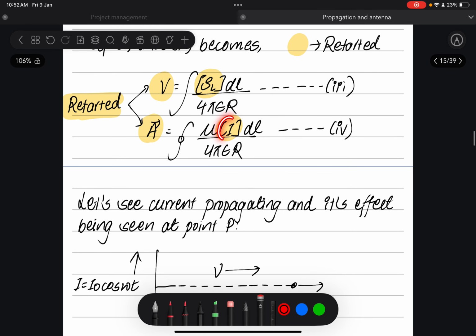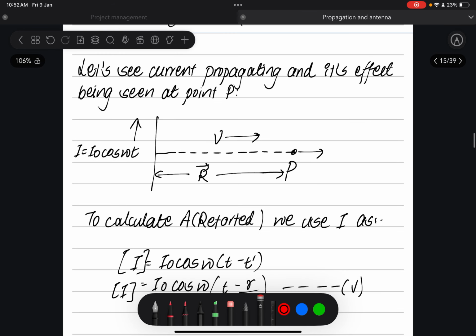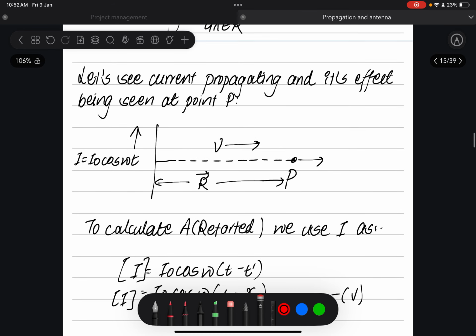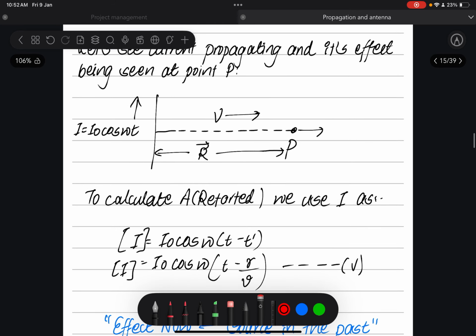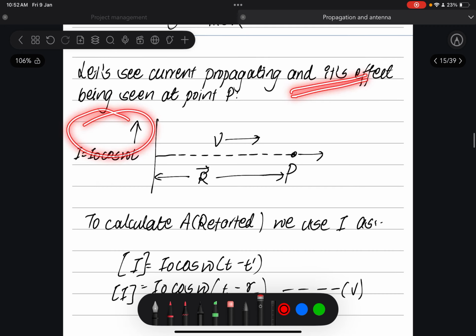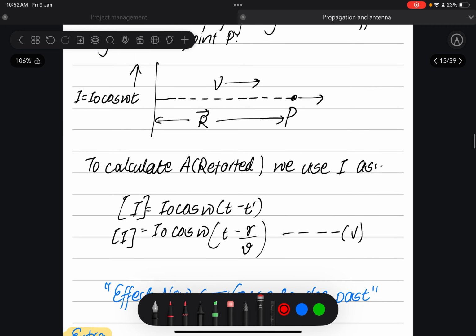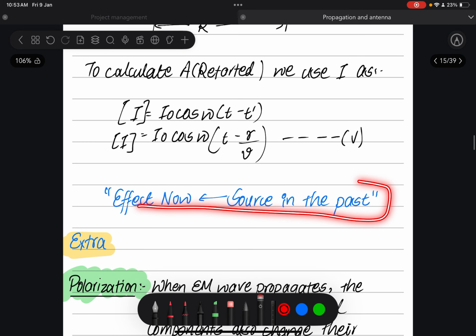For the current I, we use this formula because the cosine term comes into play. Since it's a straight line, we take I naught cos omega t. And since it's the retarded time, we have to subtract t dash, meaning the retarded time, where t dash equals r by v, as we know from the above lecture. So it's the effect of the source in the past.